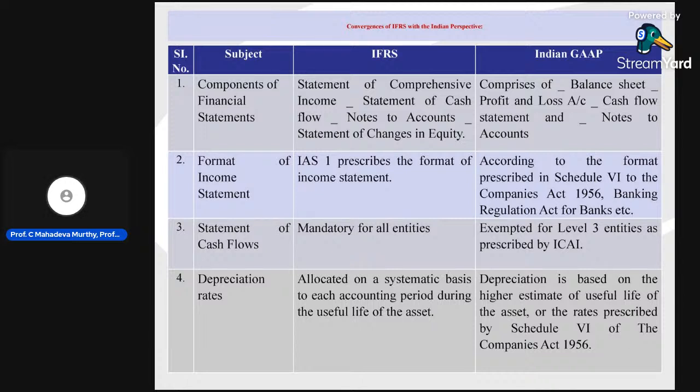Then depreciation is allocated on a systematic basis to each accounting period during the useful life of the asset.